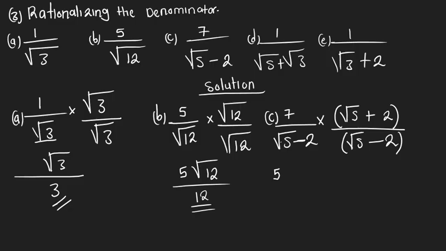Square root of 5 multiplied by negative 2 gives me negative 2 root 5. Square root of 5 multiplied by positive 2 gives me positive 2 root 5. Negative 2 multiplied by positive root 5 gives me negative 2 root 5.